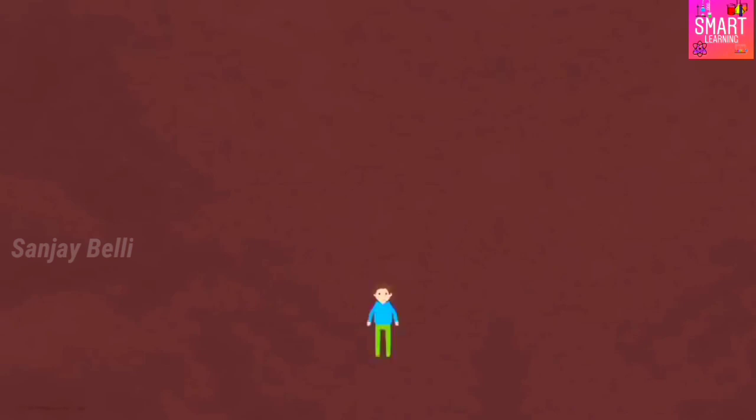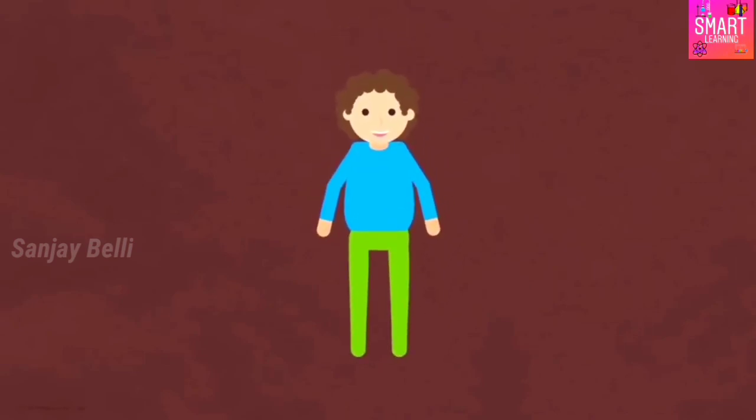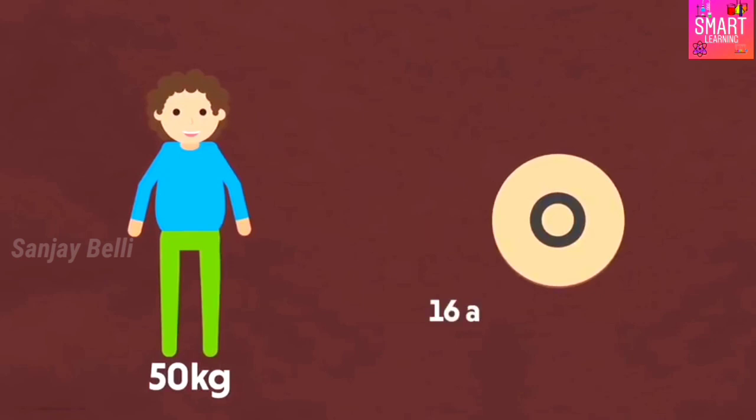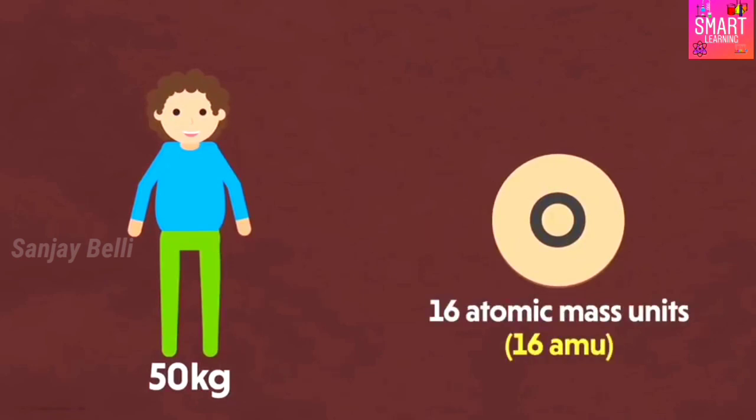How do you measure the mass of a person? Using kilograms, right? We say that this person's mass is 50 kilograms. Similarly, we say that the atomic mass of oxygen is 16 atomic mass units or 16 AMU. This is how we measure the atomic mass of any atom.